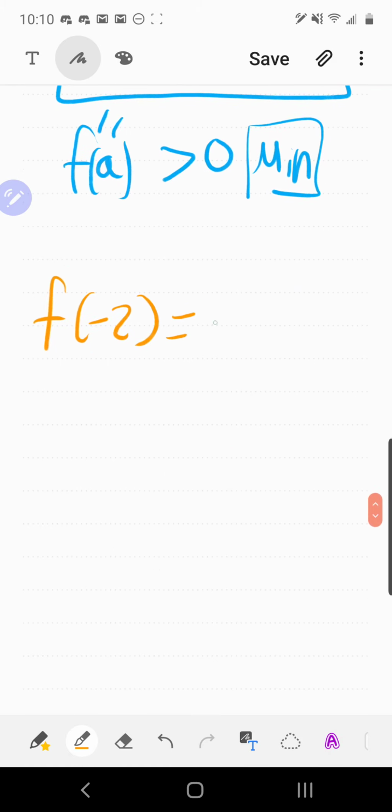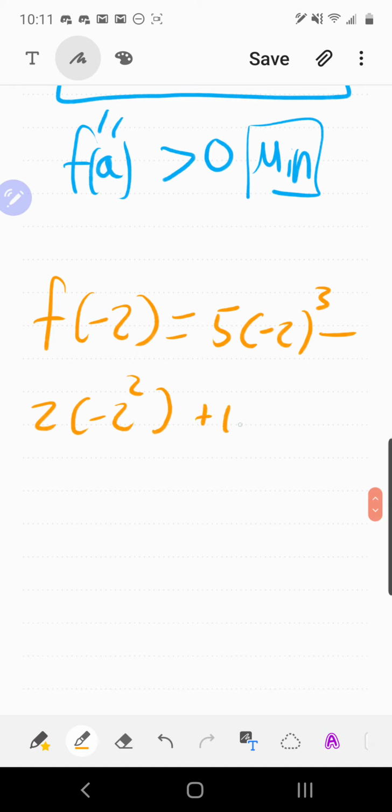This is going to equal 5 times -2 cubed minus 2 times -2 squared plus 1, which equals -47.